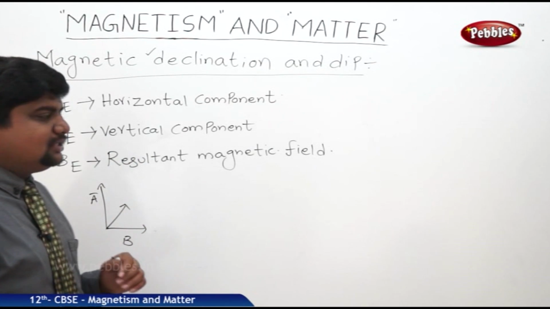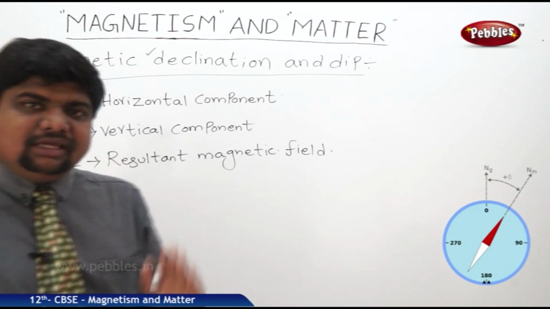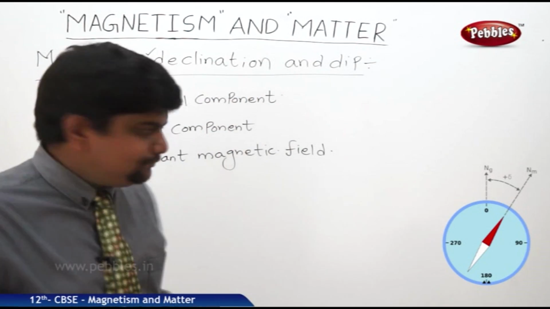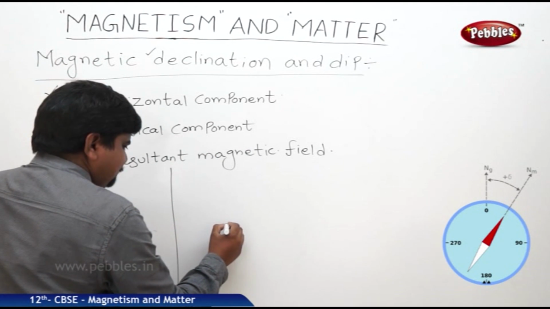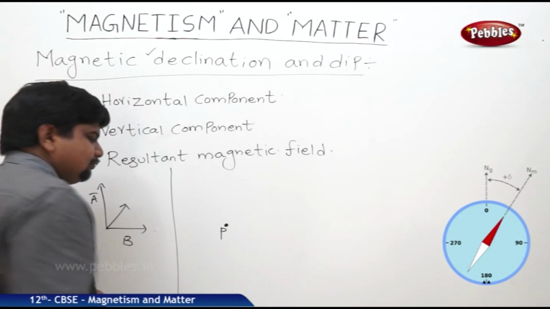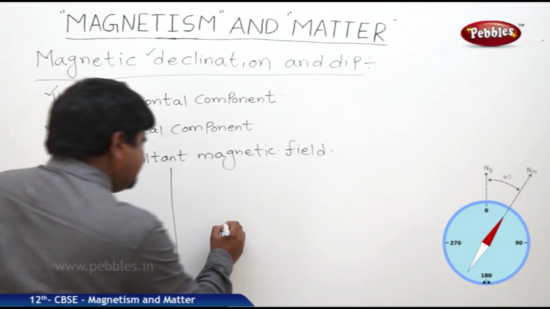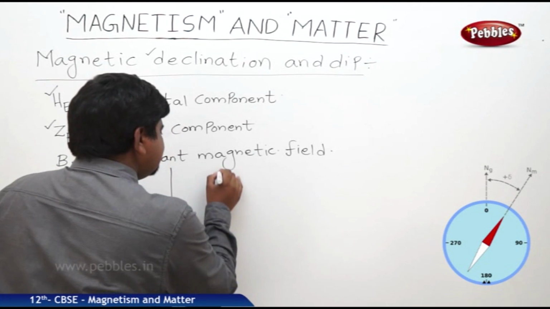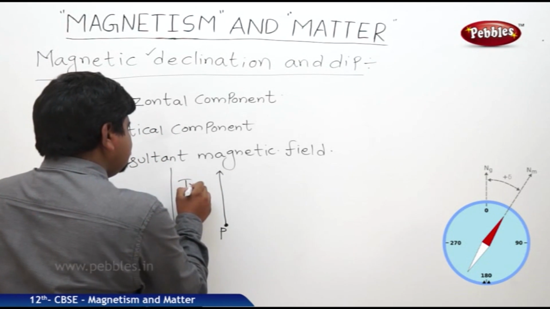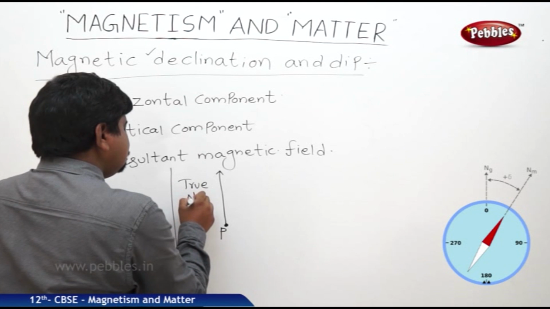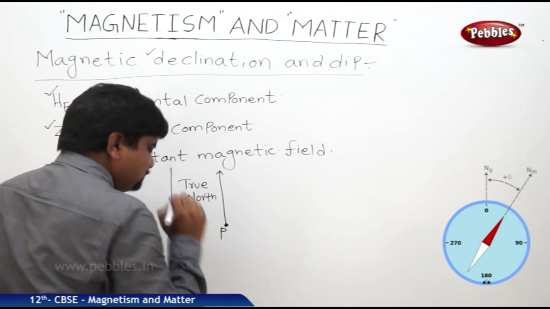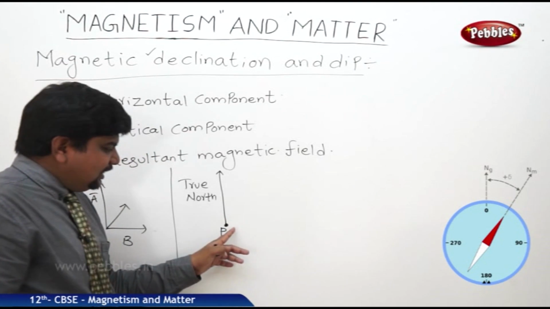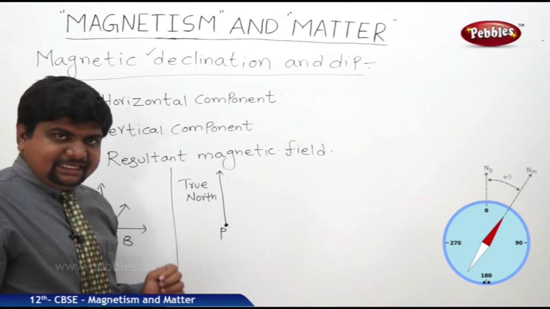So for this purpose, we should take a point P on Earth's surface. So it will be like this. Yes, we are taking a point P here. This is the true north direction. So at this point P on earth, we are calculating the total magnetic field.